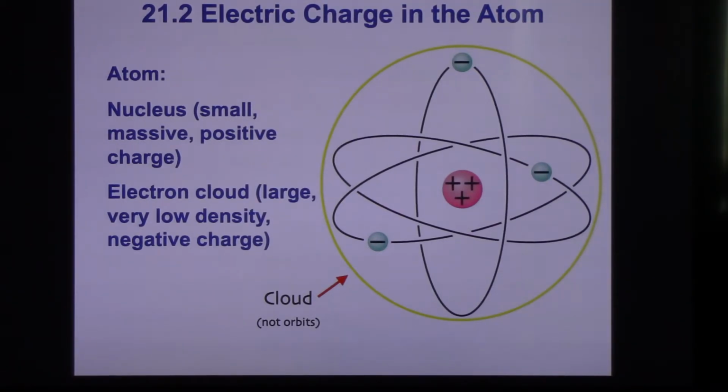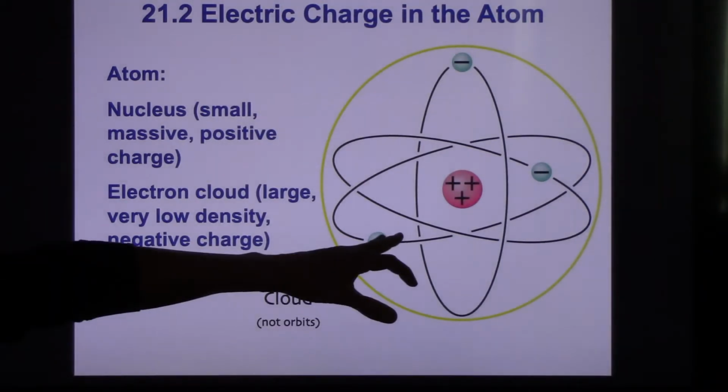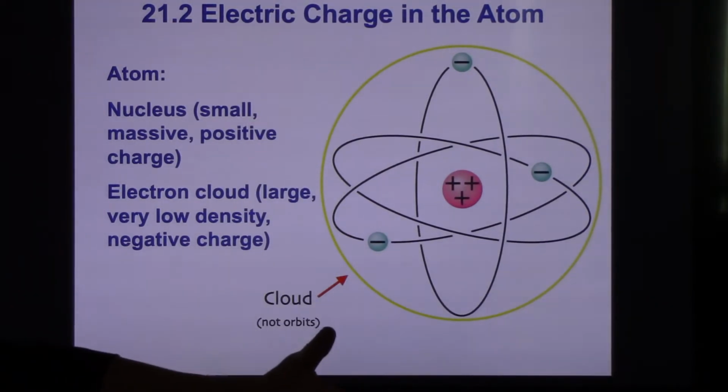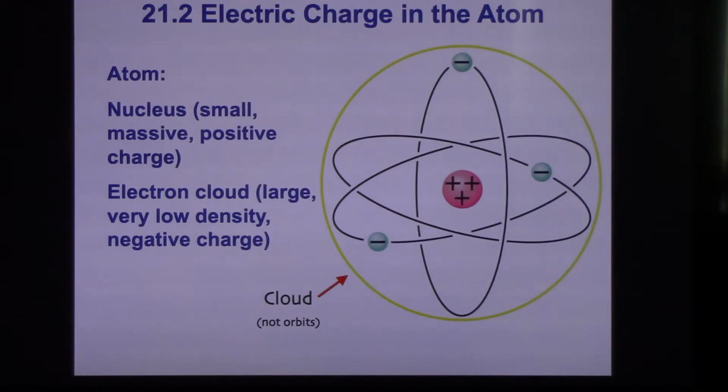It's an object with mass and charge that is so tiny, we can treat it as if it's located at just one location. Okay. Now, the electrons, on the other hand, are big and bulky and take up all this space. So those have to be thought of as a charge distribution or a mass distribution.